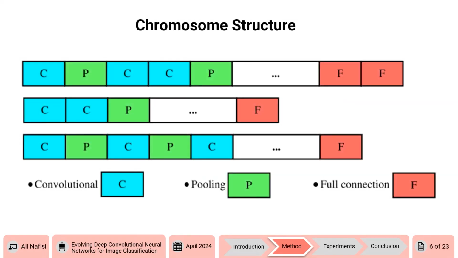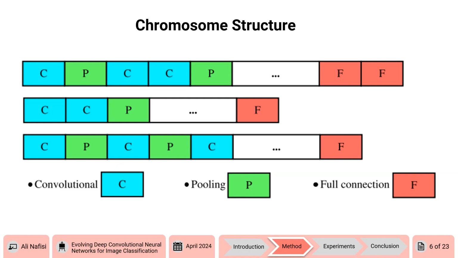This is the chromosome structure. As you can see, the length of all chromosomes is not constant, so we have a variable-length encoding. Everything is random here. We can have 2 or 3 or 4 convolutional layers without any pooling layer between them.